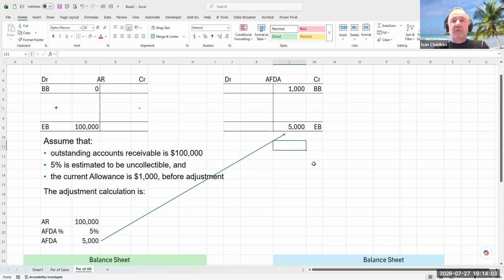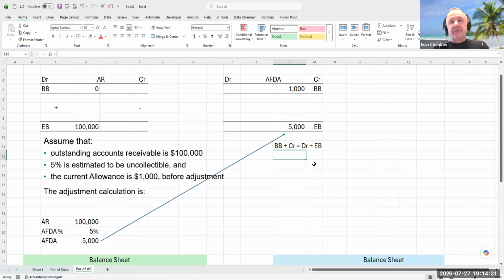I'll simply follow the formula. Since this is the contra account to the debit account, which is balance sheet account, then we'll apply the credit. It's going to be credit plus the beginning balance. Beginning balance plus the credit is going to be equal to debit plus the ending balance.